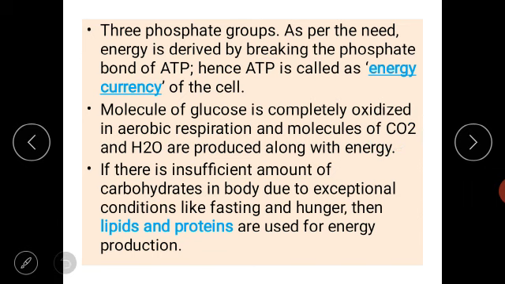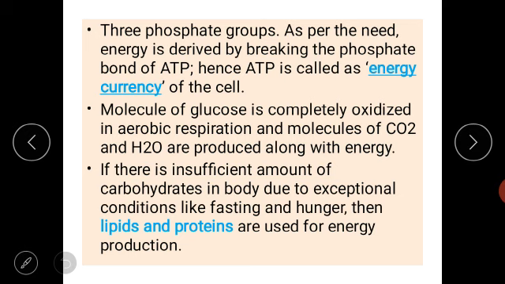If there is an insufficient amount of carbohydrates in the body due to exceptional conditions like fasting and hunger, then lipids and proteins are used for energy production.